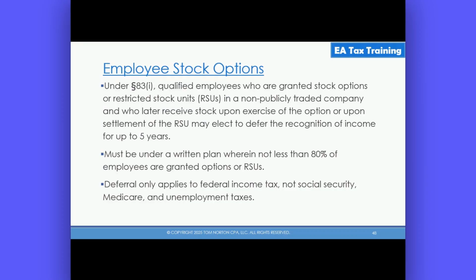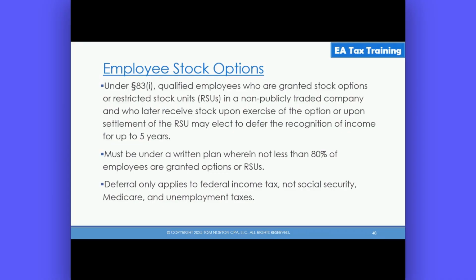Employee stock options. So this is section 83(i). So qualified employees who are granted stock options or something called restricted stock units in a non-publicly traded company and who later receive stock upon exercise of the option or upon settlement of the RSU may elect to defer the recognition of the income for up to 5 years.